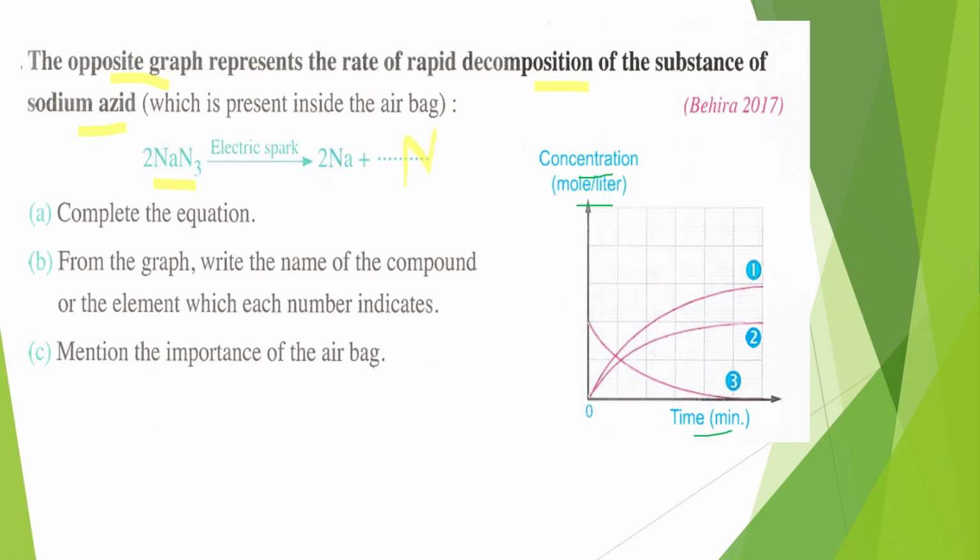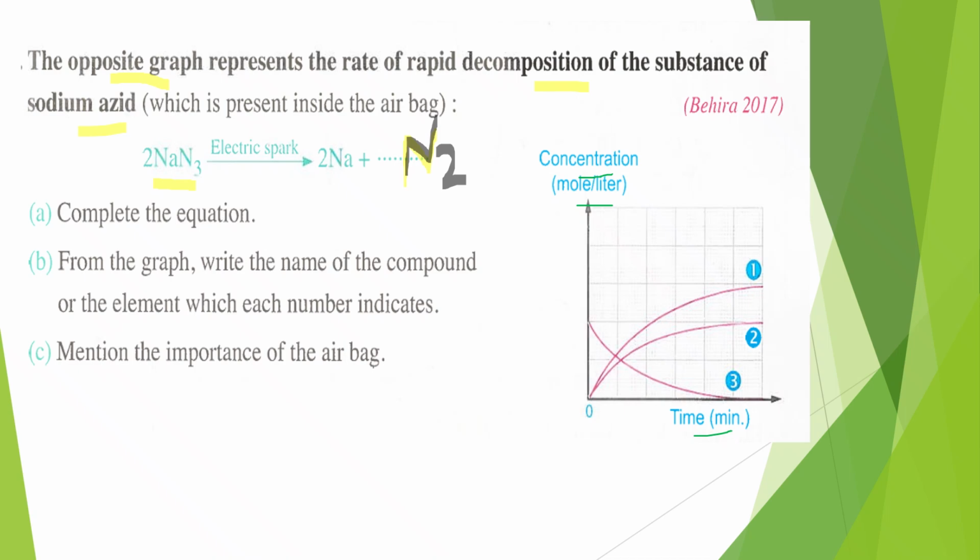Nitrogen gas is the gas that causes the airbag to blow, as we know. The airbag is a small inflatable bag, and this gas causes it to be inflated as a means of safety in modern cars.